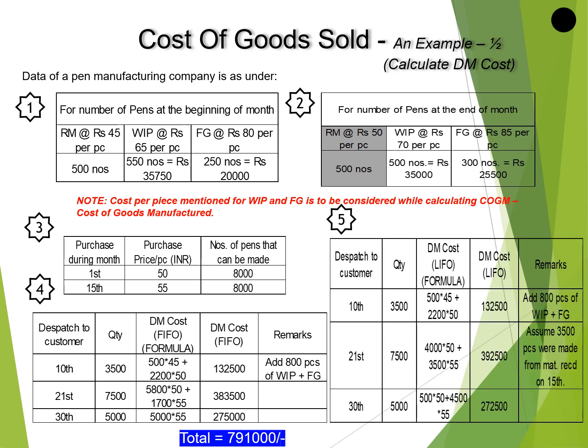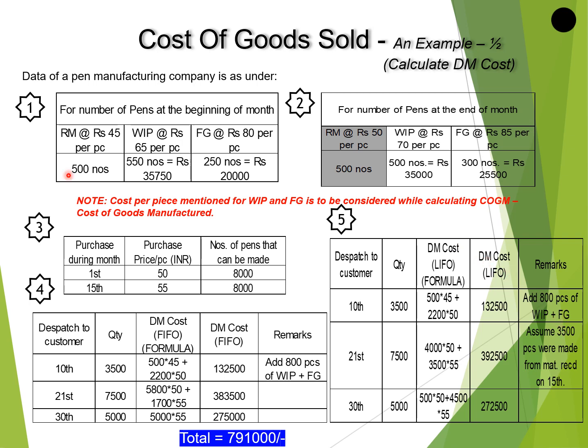Now, if we follow LIFO method to calculate direct material cost, then for first dispatch on 10th, 3,500 numbers, as I said before also, we have to exhaust this quantity first. So 250 plus 550, 800 we dispatched here.